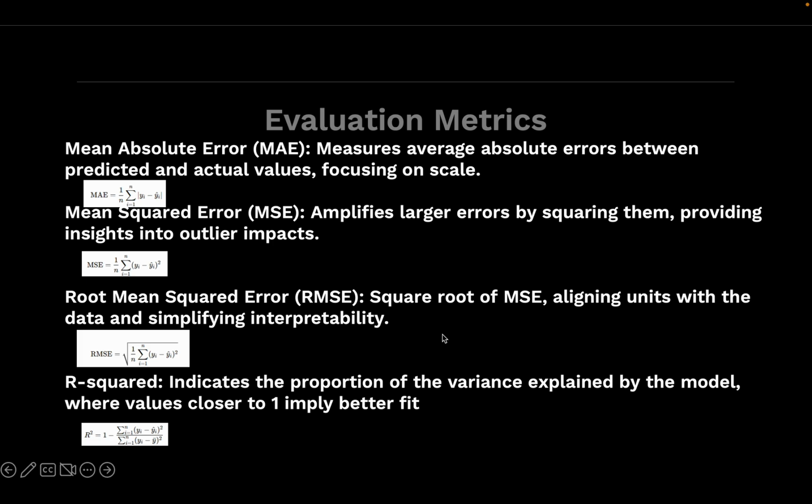The third evaluation metric is root mean squared error, RMSE, and it is based on the square root of the mean squared error. It aligns units with the data, and it simplifies interpretability. Finally, we have the R squared error. It indicates the proportion of the variance explained by the model, where values closer to 1 imply a better fit.